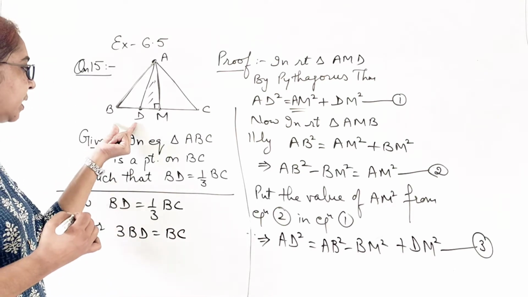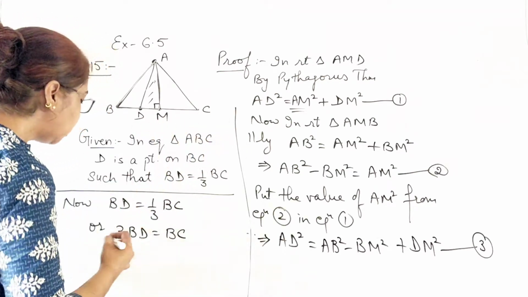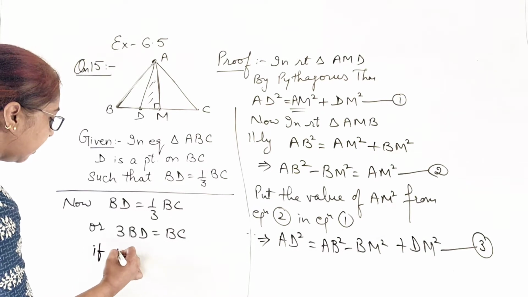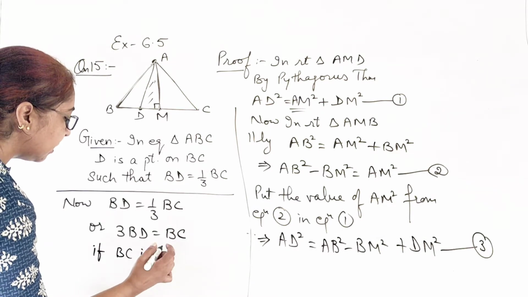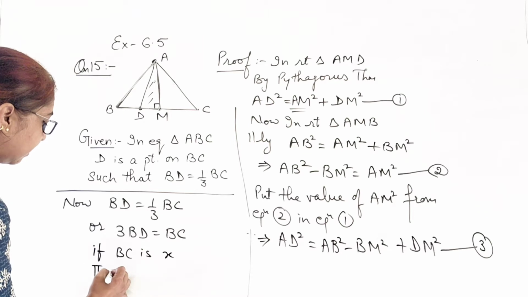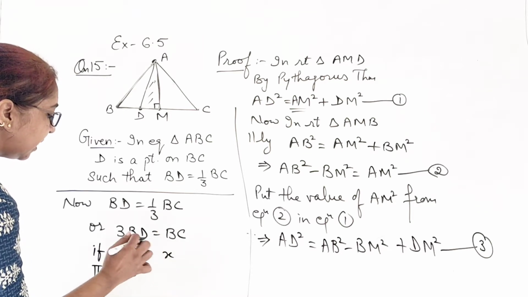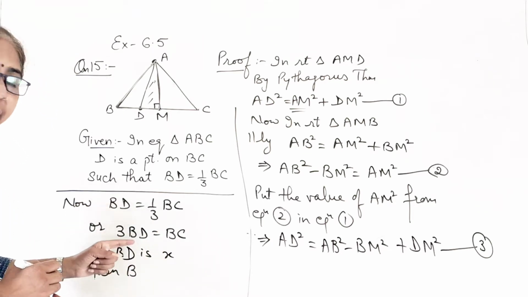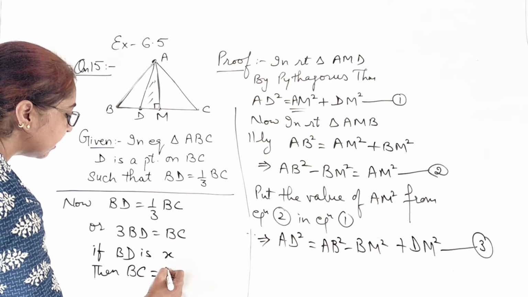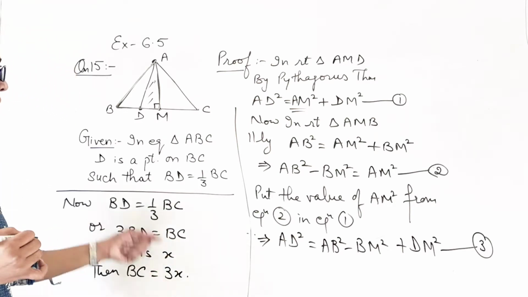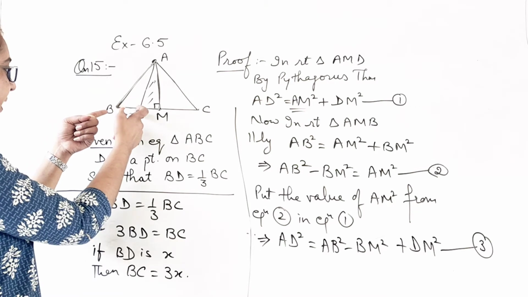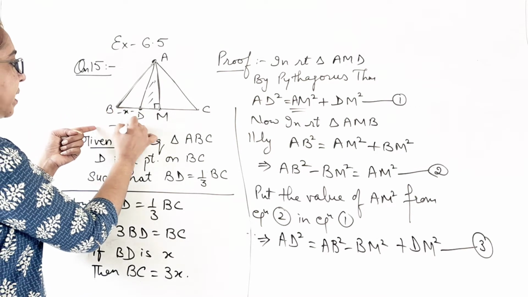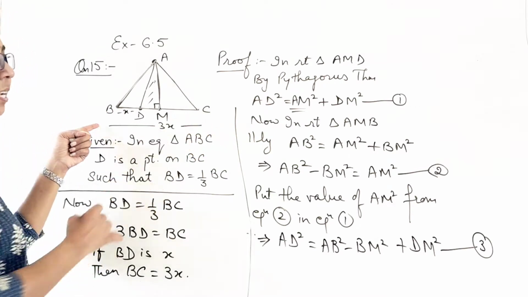So if BD is X, then BC is 3X, right? If BD is X, then BC will be 3X. Okay?